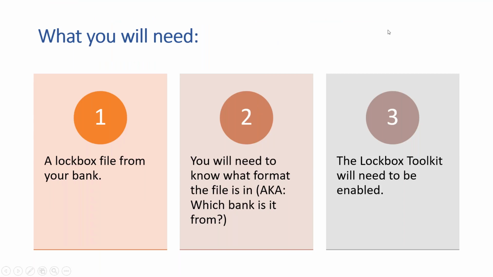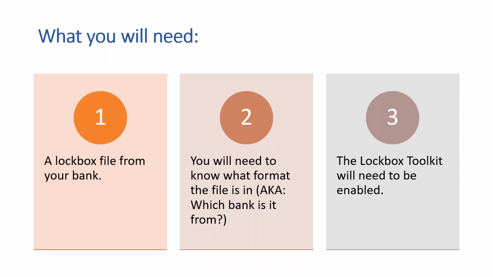So what you're going to need to use the Lockbox Toolkit, and these are things not that you need for our webinar, of course, but if you're along with us on maybe a second computer and you're going to use the Lockbox Toolkit while we discuss it. Absolutely, what you're going to need is a Lockbox file from your bank, so a regular Lockbox file.